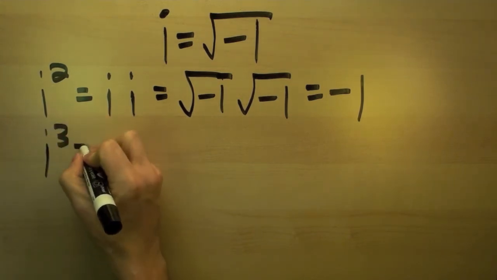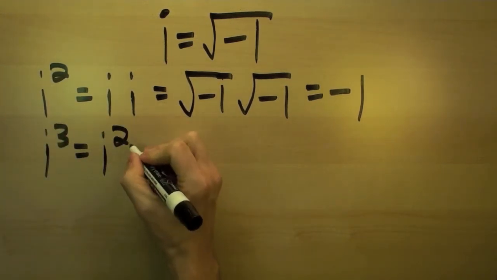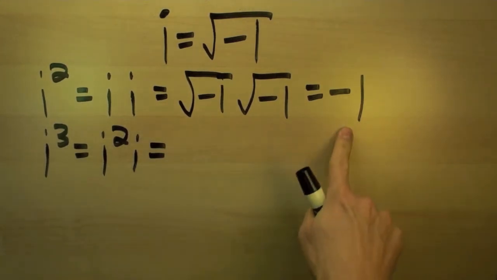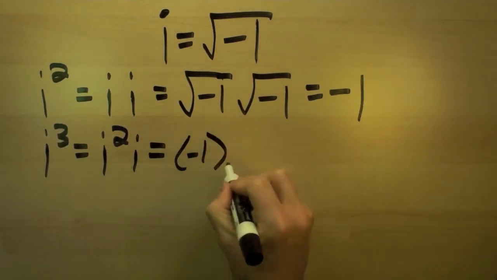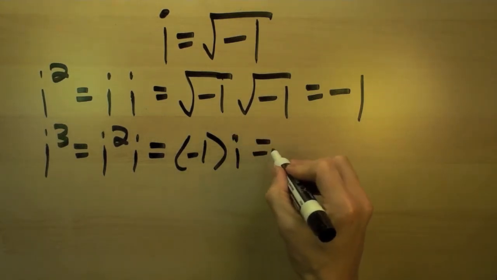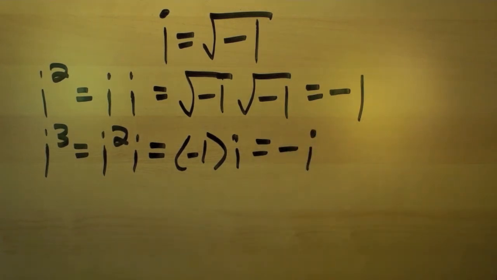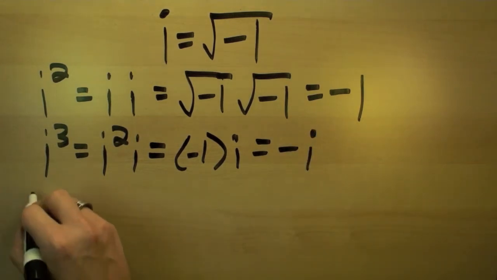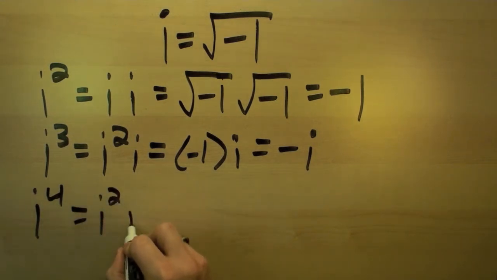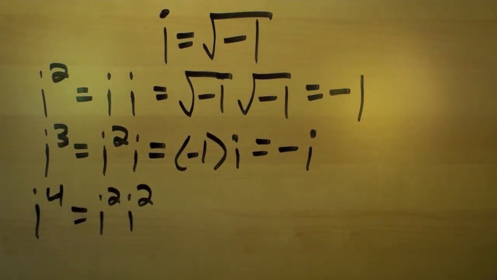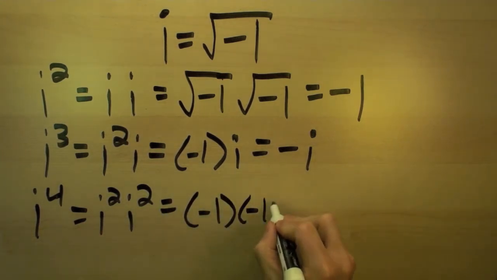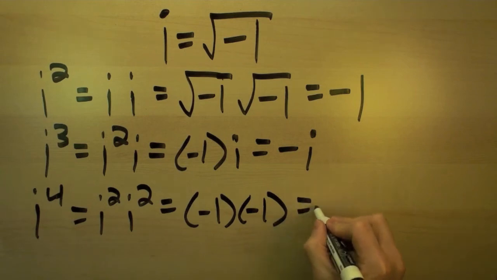i cubed can be calculated by thinking of it as i squared times i. Well, we know that i squared is equal to -1, and i is just equal to i. So it simplifies to -i. i to the fourth we can think of as being i squared times i squared, but that's -1 times -1, which is 1.